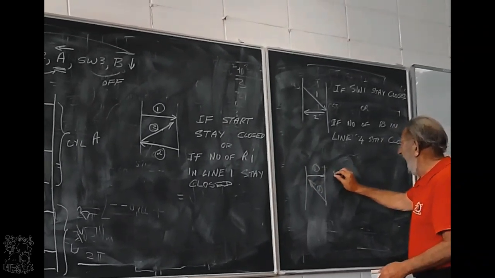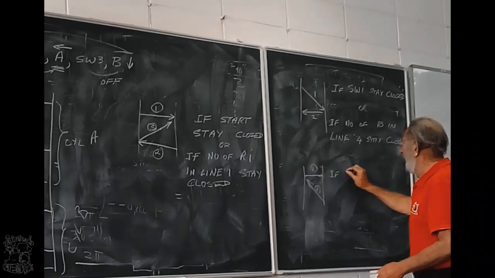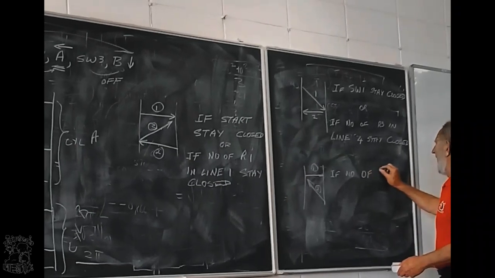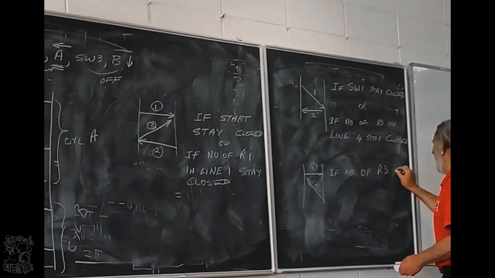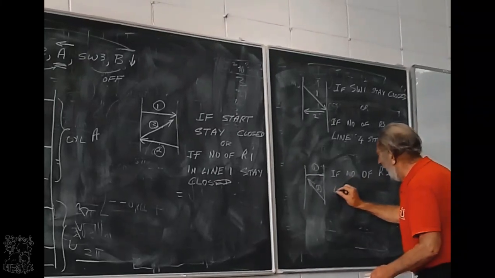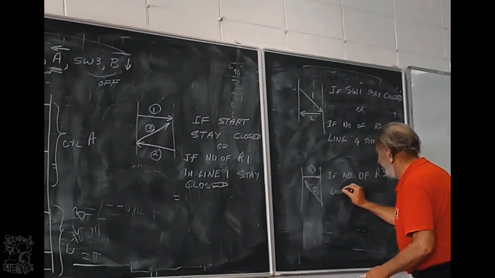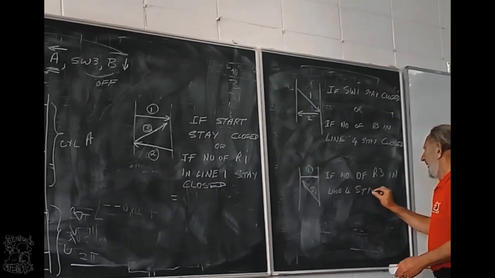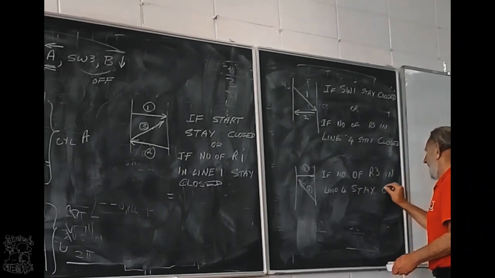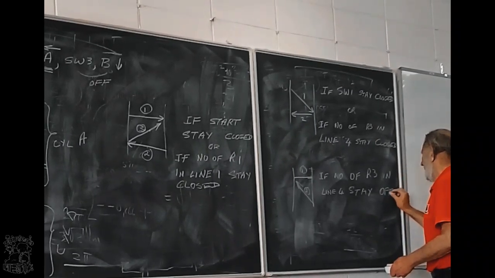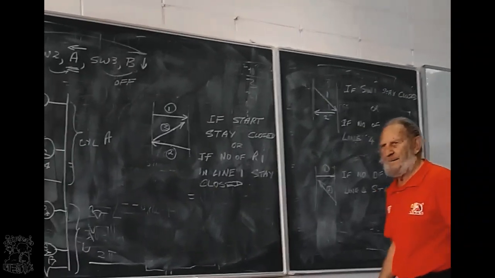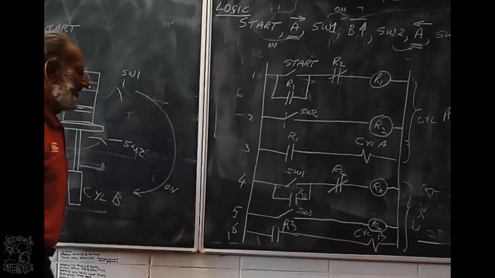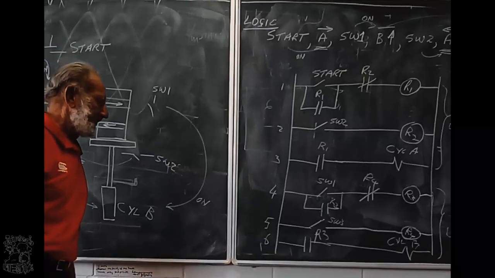That is, if the normally open of relay 3 in line 4 stays open. That is what you will see. The rest of the questions are easy.